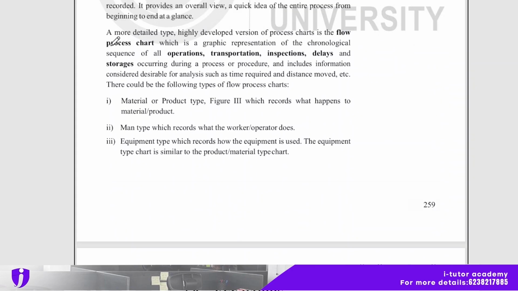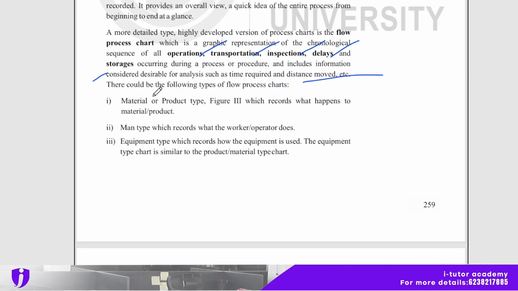A more detailed, highly developed version of the process chart is the flow process chart, which is a graphical representation of the chronological sequence of all operations, transportation, inspection, delay and storage occurring during a process or procedure, and includes information considered desirable for analysis such as time required and distance moved.